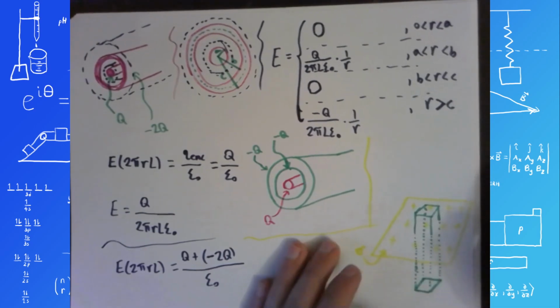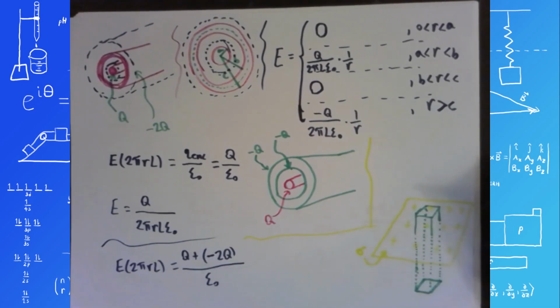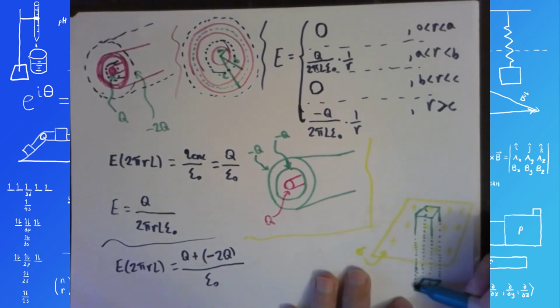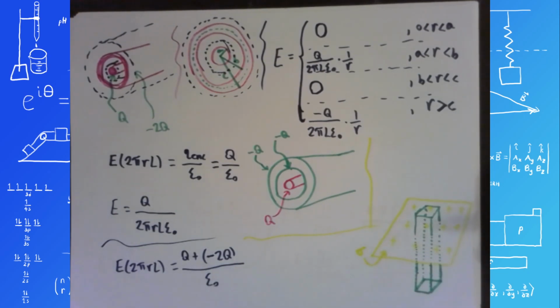And I guess I should have used dotted lines for that too. Actually, wait, hold on. No, that does not need to be dotted. That does. That does not, and that does not. Okay, that looks about right to me.